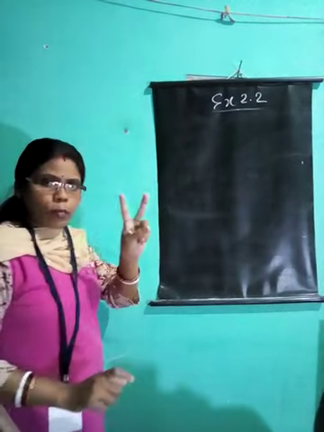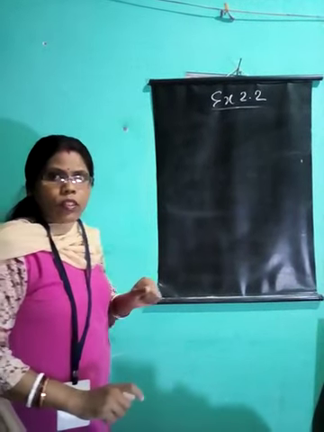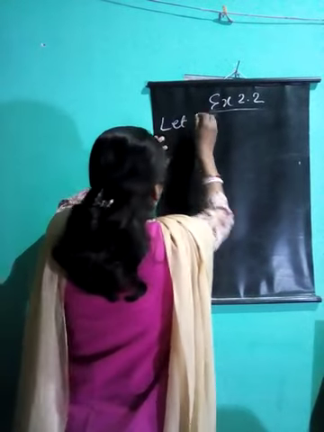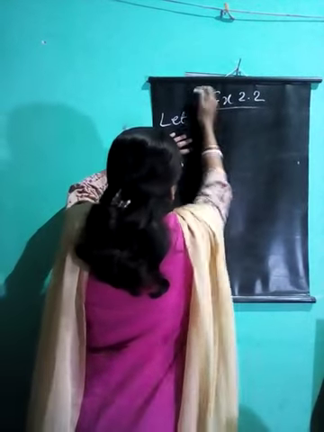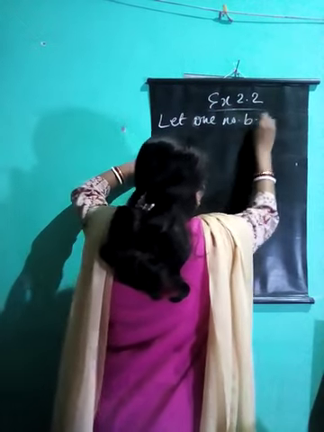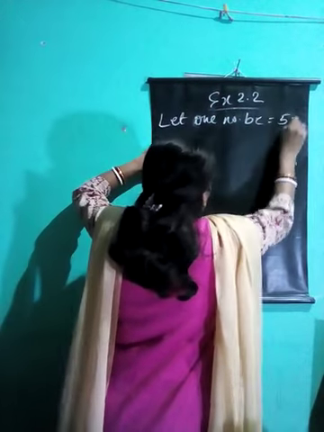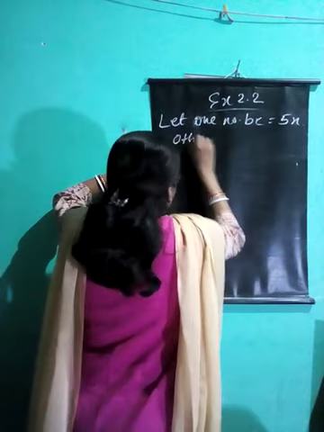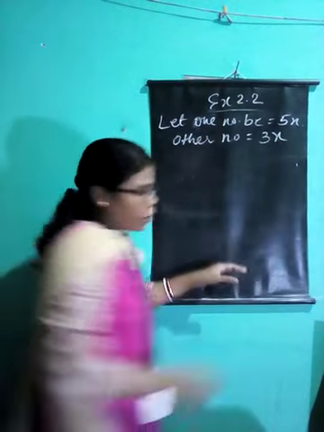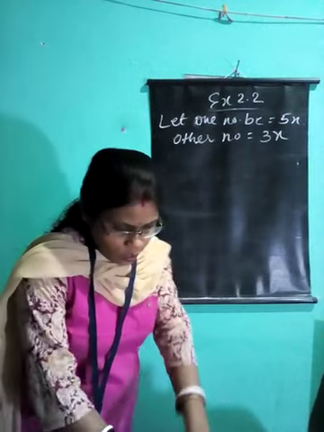You are having two numbers, 5:3. Let one number be 5x and the other number be 3x. You know it is in the ratio. So one number is 5x and the other number is 3x.